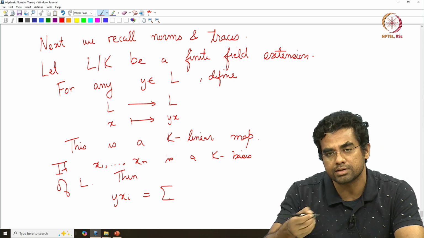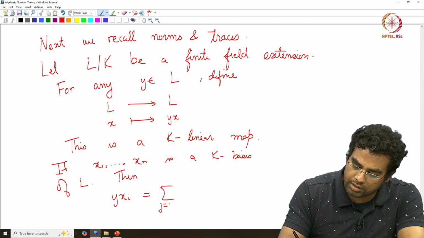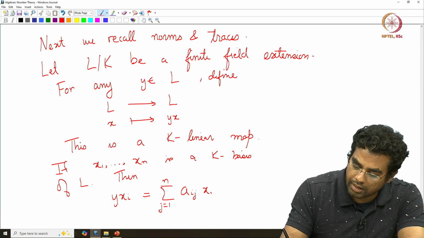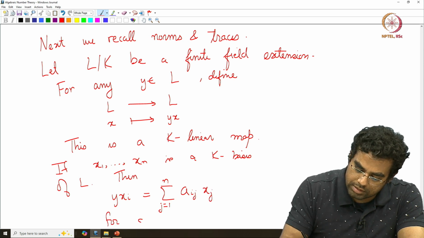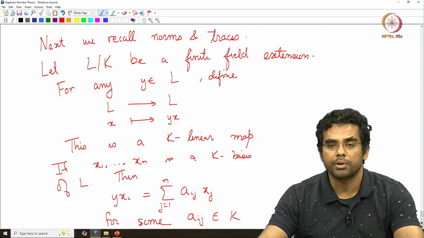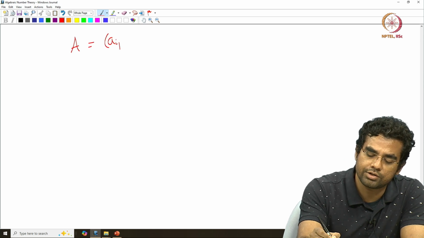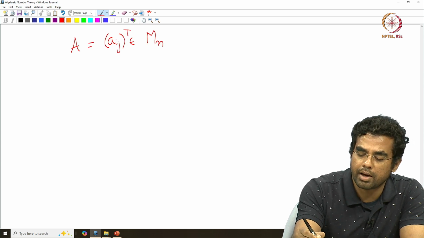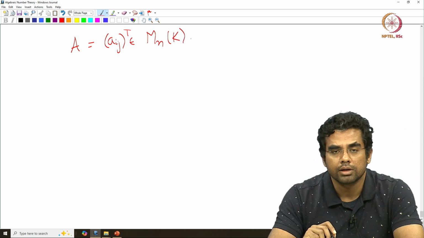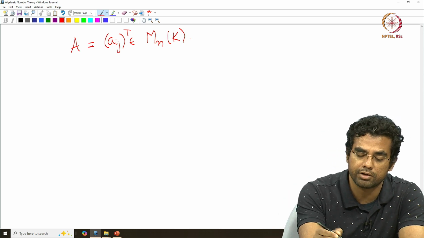So, y times xi is again an element of L. So, you can write it in terms of this basis as the sum over j from 1 to n of aij xj for some aij inside K. So, consequently we get a matrix. A equals aij, this is an n by n matrix with coefficients in K that represents this K linear map that takes x to y times x.